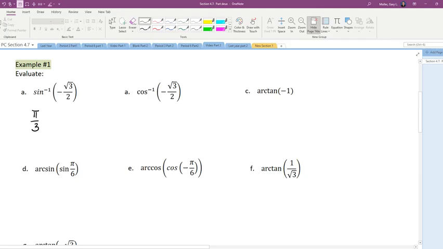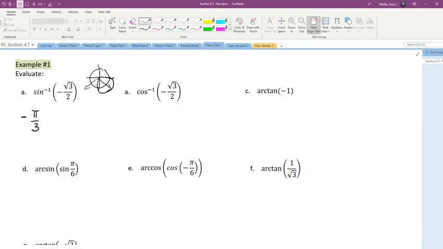But it's a negative root 3 over 2. That means we're talking about an angle over here or over here. And we know that arcsine is going to return a value here in quadrant 4 when it's negative. And so the answer is going to simply be negative pi over 3.